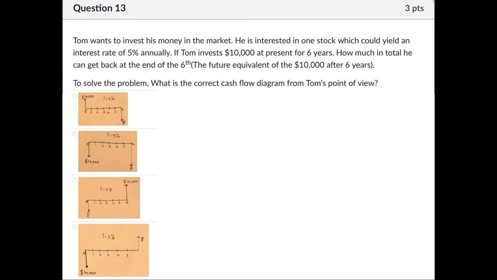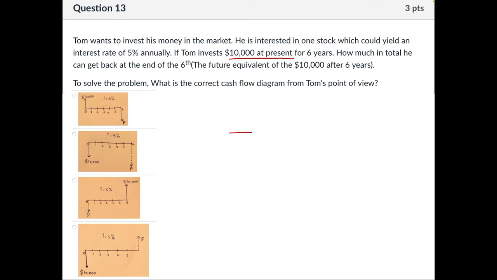So if Tom invests 10,000 at present, so 10,000 is a present value for 6 years, how much in total he can get back at the end of the 6th year? Okay. So to solve this problem, you first need to draw the cash flow diagram. But so from these four options, which one is the correct from Tom's perspective?